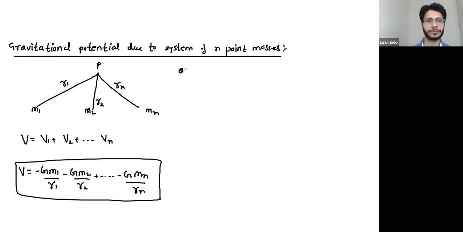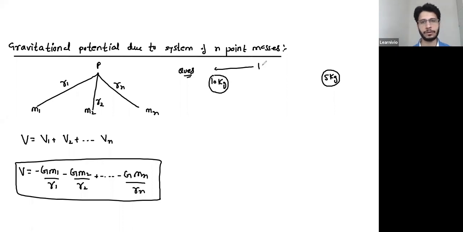Solve this question. You have two masses, a mass of 10 kg and a mass of 5 kg. They are placed at a separation of, let's say, 10 meter. I need potential at this point.